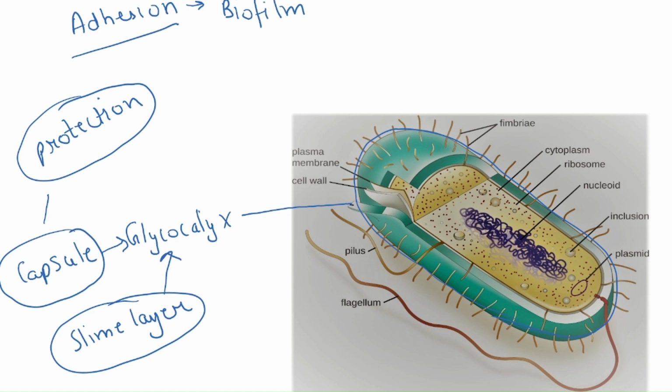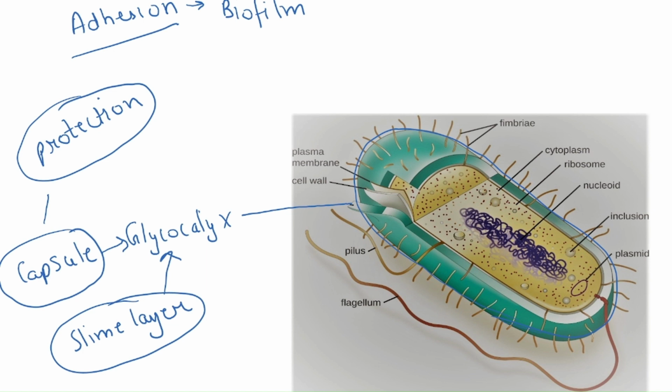How? There are some bacteria present in our gut. They form an adhesion, attach to the gut, and access the nutrients from there. So bacteria also access nutrients from their host.